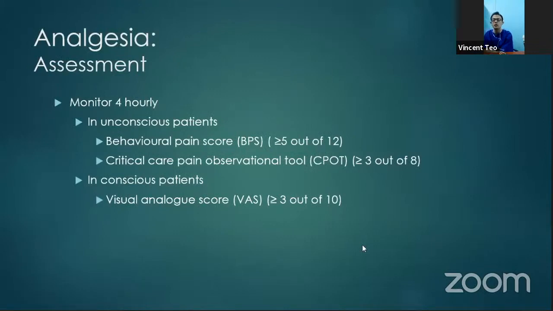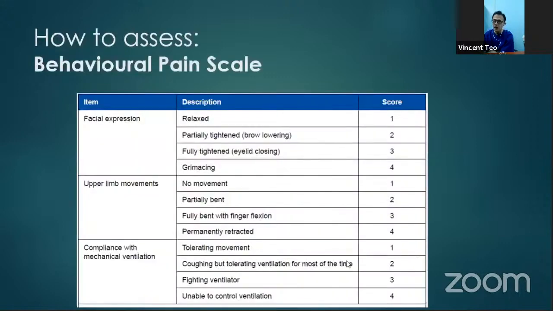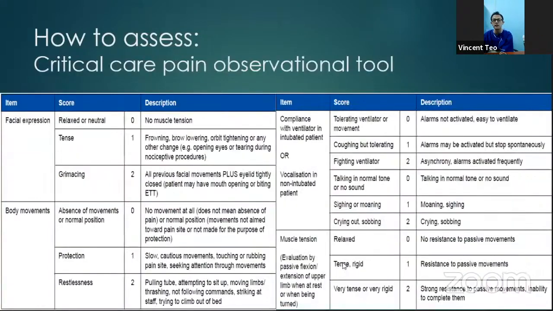It's important to make sure that the patient is pain-free, so it's also important to monitor them frequently. The validated scales that we use are the Behavioral Pain Scale and the Critical Care Pain Observation Tool.